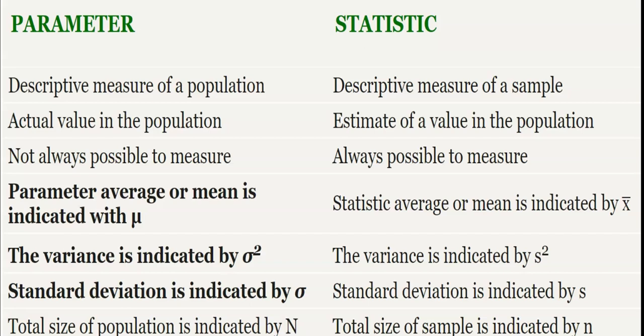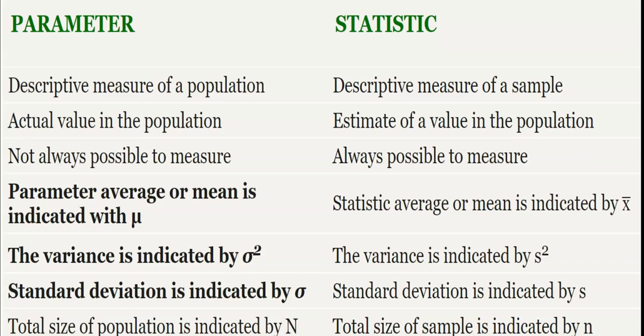to measure. A parameter average or mean is indicated with the Greek letter mu, while statistic average or mean is indicated by x bar. The variance of a parameter is indicated by sigma squared, while the variance of a statistic is indicated by the symbol s squared.